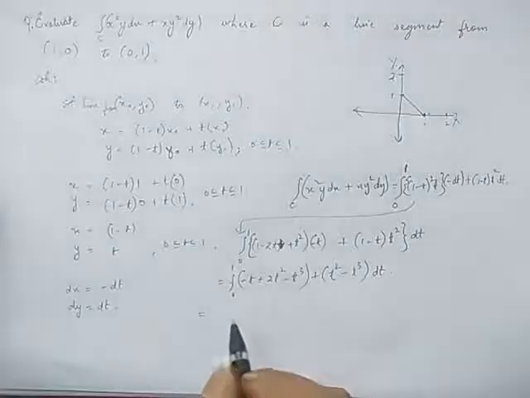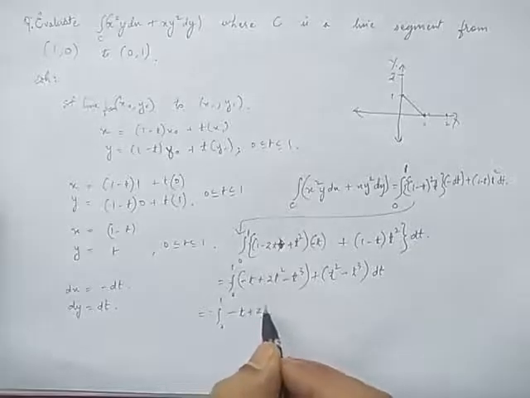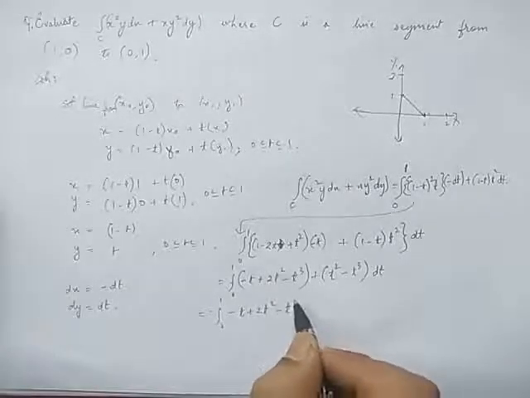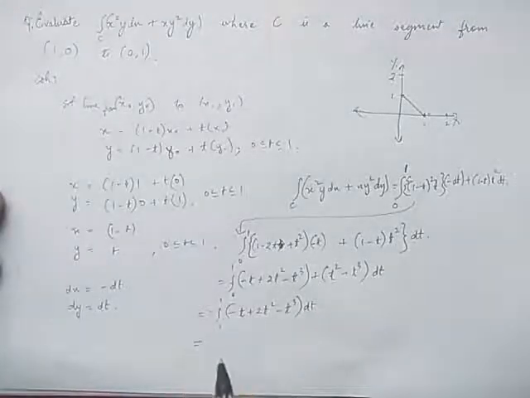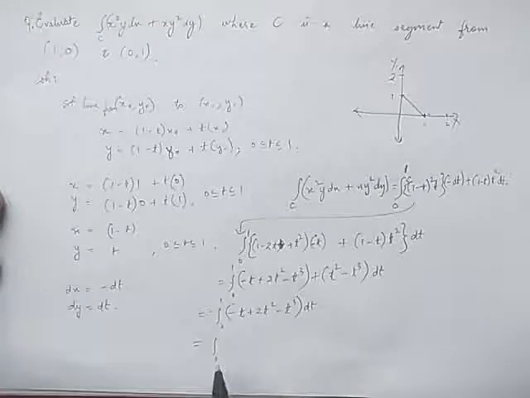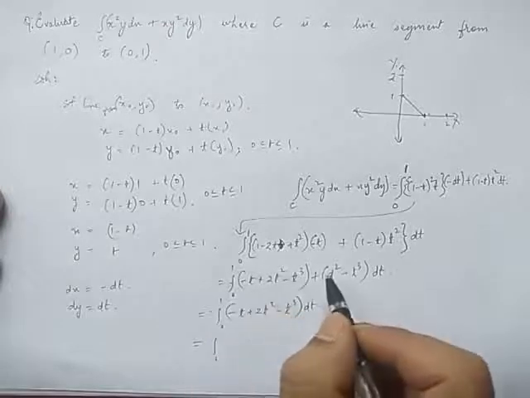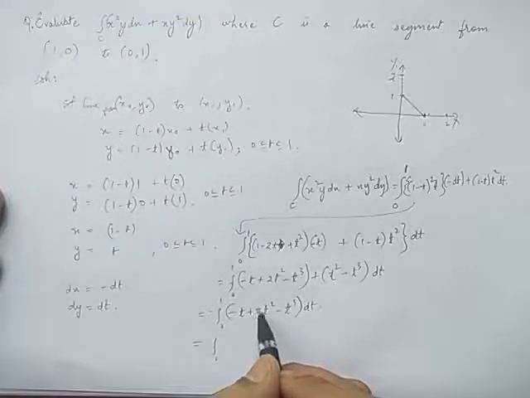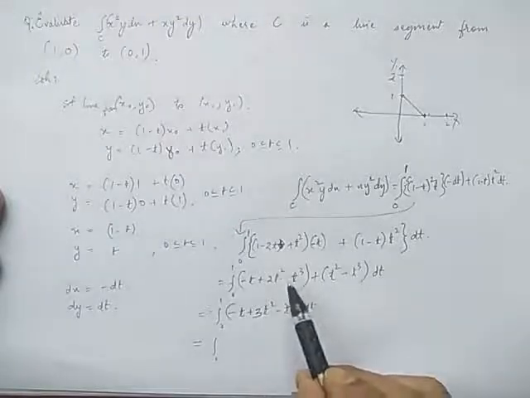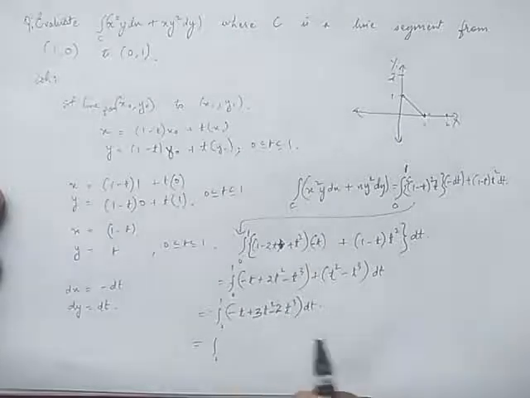So I will have the integral from 0 to 1 of minus t plus 3t squared minus 2t cubed dt.